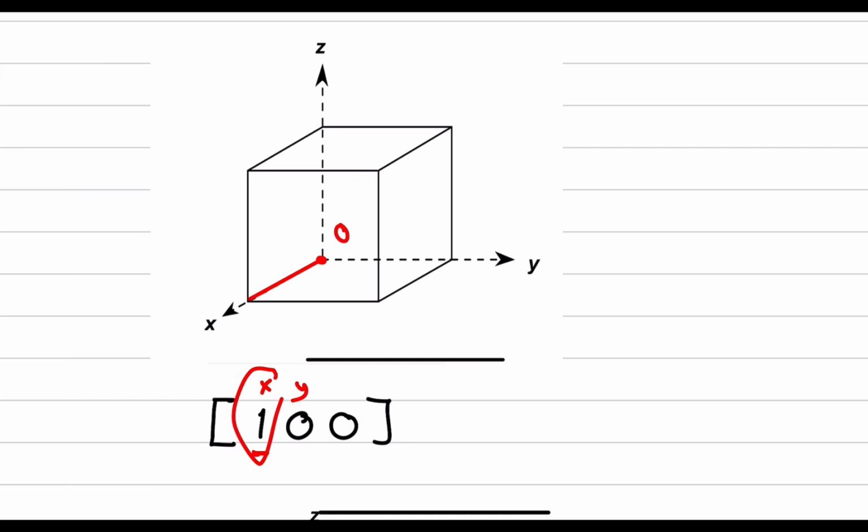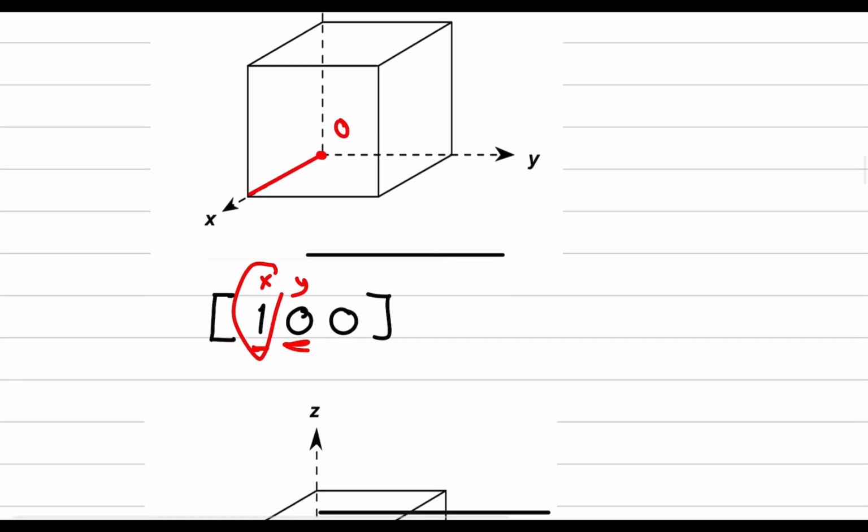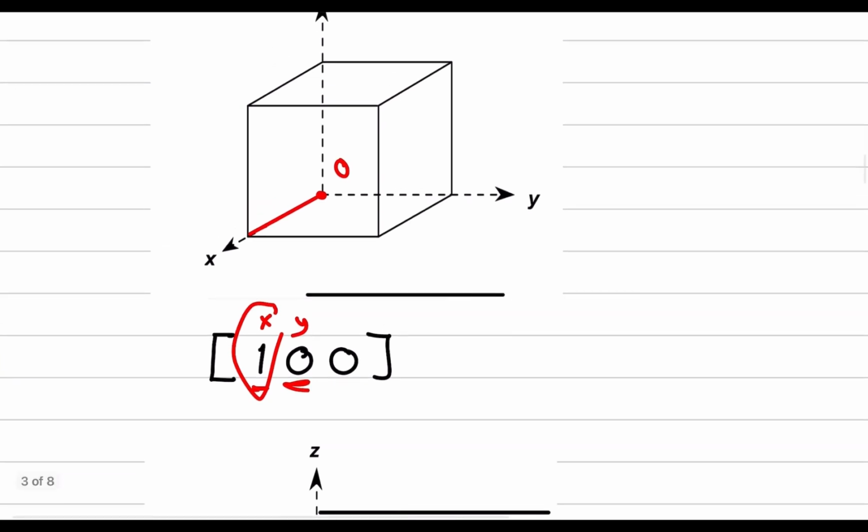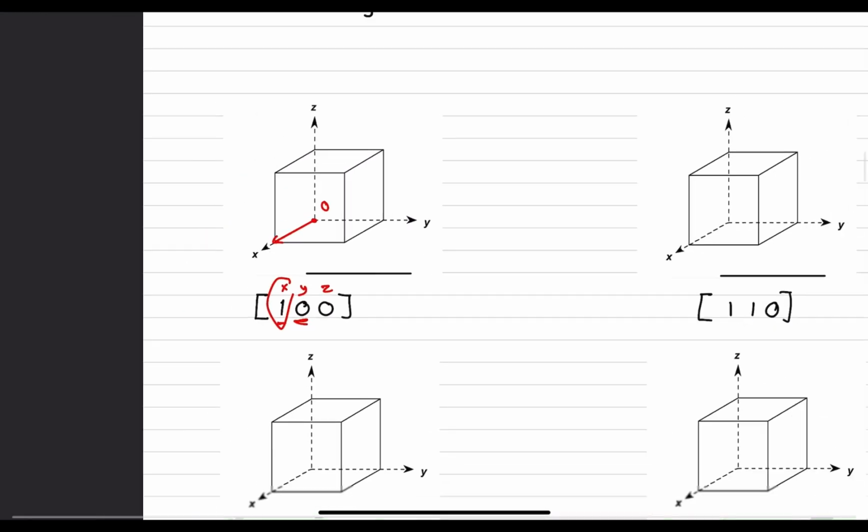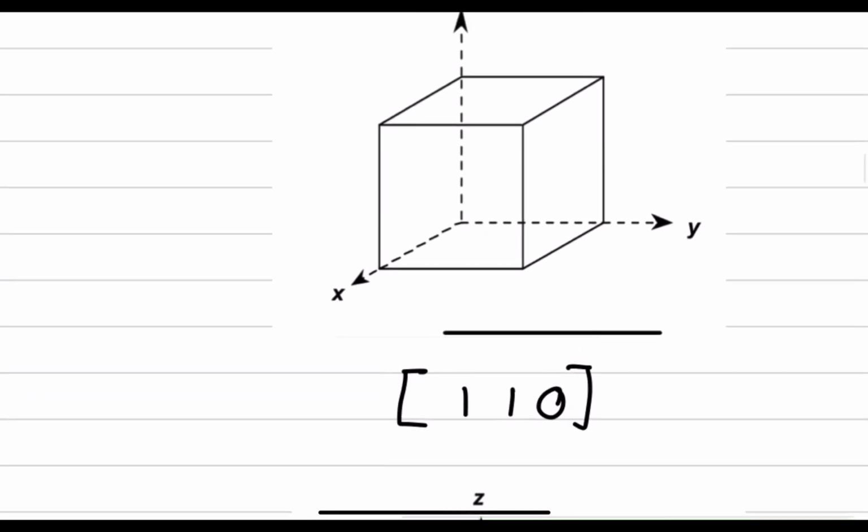After we reach x equals 1, we look at y, which is in this direction, but it is 0, so we will not move to the right, and z as well is 0, so this is the final answer.